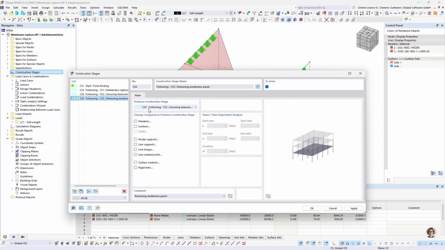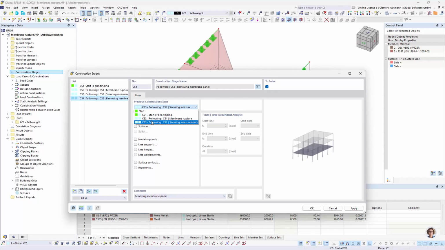So you can choose for any stage which is the previous stage. So if you want to analyze different variants, you can have one start and then different variants, or you can have two or three starts. You're completely flexible with this add-on. It's very versatile what you can do with it.